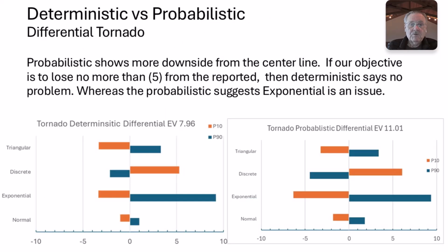The probabilistic shows more downside from the center line. So here on the left, we're seeing the deterministic, and on the right, the probabilistic. So we have more downside from the probabilistic. See how far this bar goes down. These are of the same scale, you'll notice.